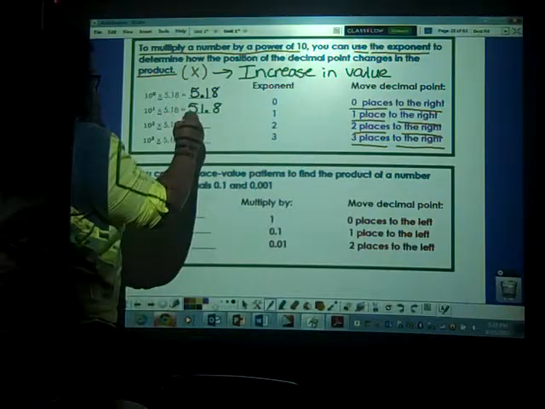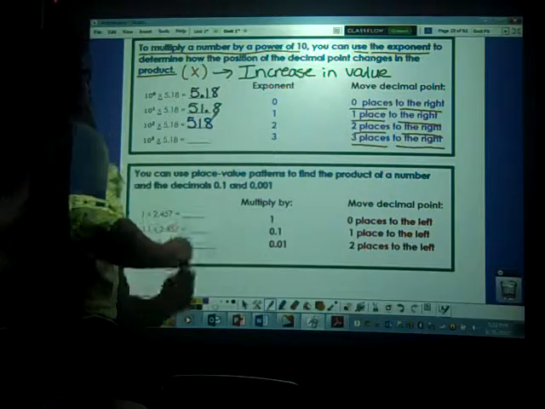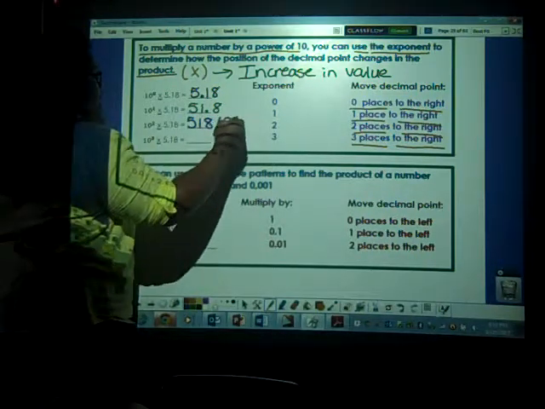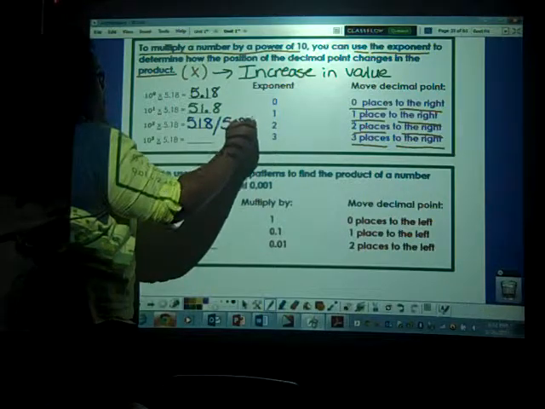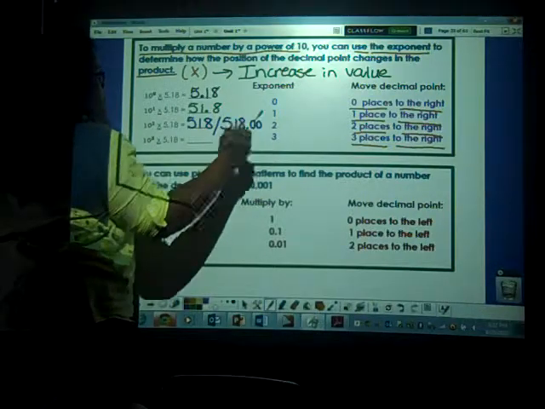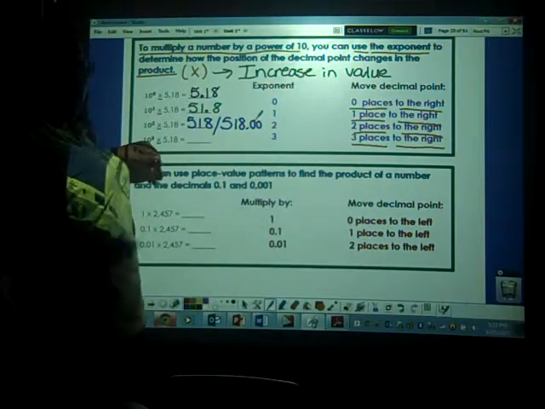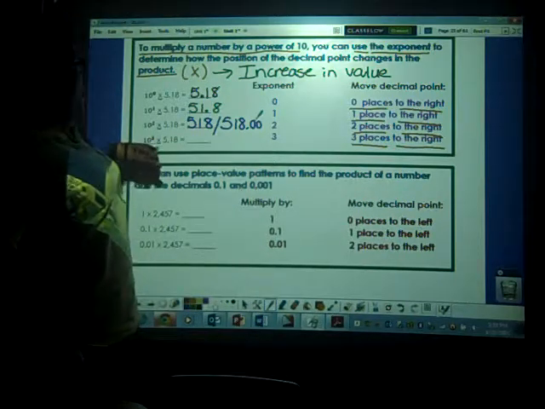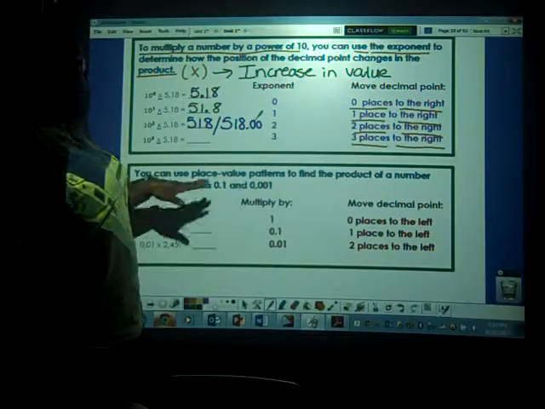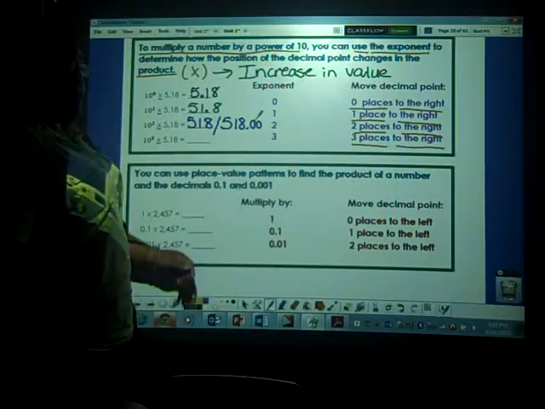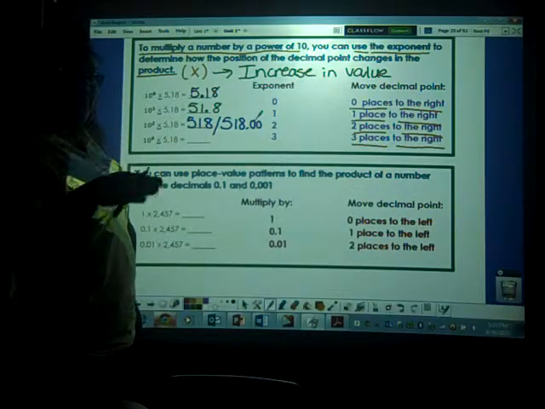So you can leave it as that. Now our last one is 10 to the third power. Why don't you go ahead and pause the video and work this one out by yourself, and then when you press play, I'm going to have the answer right here. Pause.